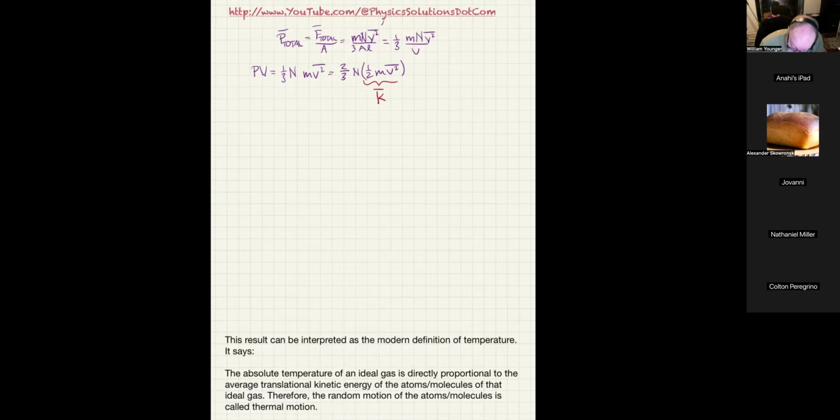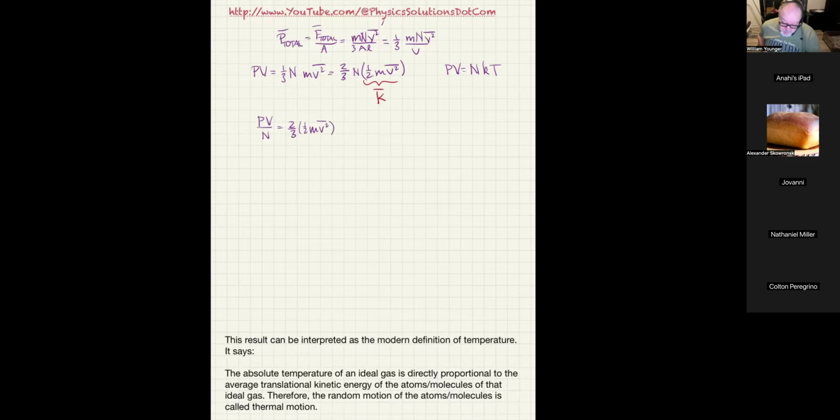Now I'm going to go ahead and use the fact that pressure times volume is equal to N times the Boltzmann constant times T. So that if I went ahead and solved for PV over N, I would get PV over N is equal to 2/3 times 1/2 m v squared with a bar over it.